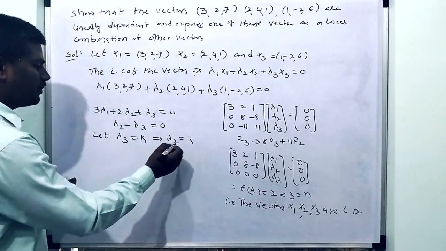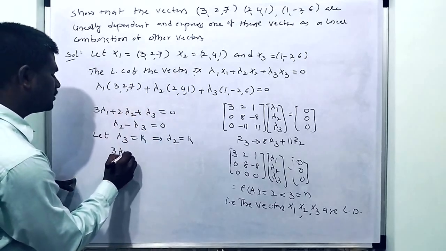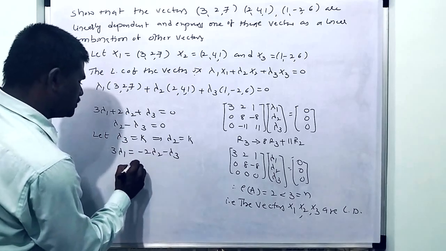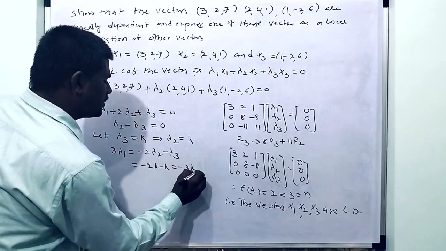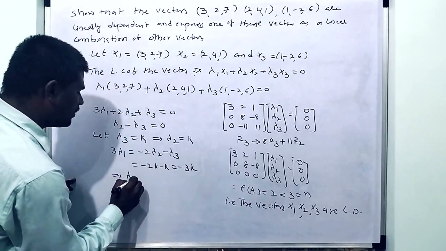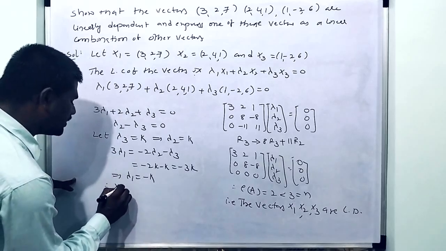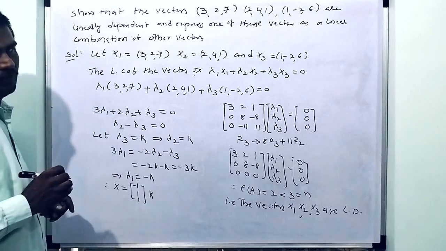By substituting these two in this one, 3 lambda 1 is equal to minus 2 lambda 2 minus lambda 3, which is minus 2k minus k, which is minus 3k. That implies lambda 1 is minus k. Therefore, the values are (-1, 1, 1) into k.